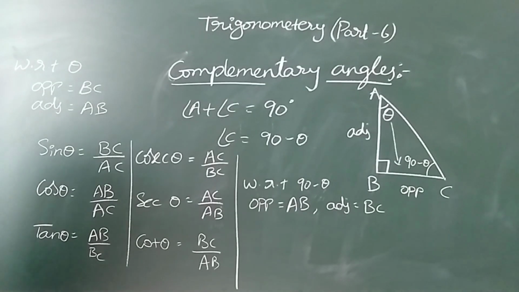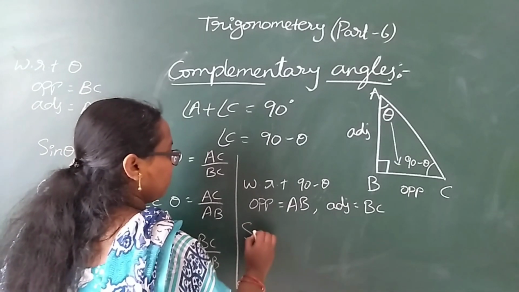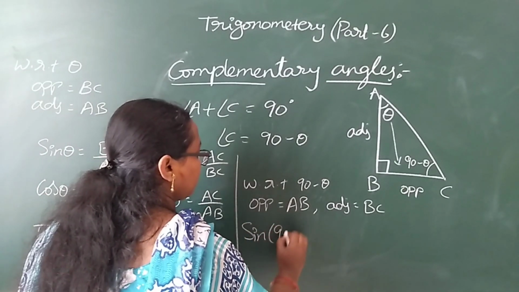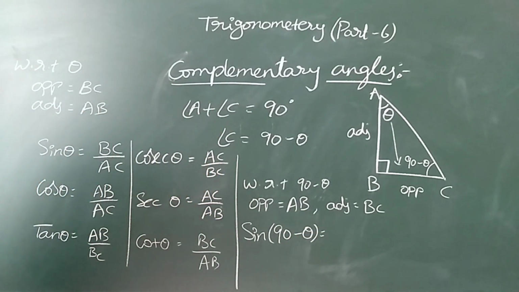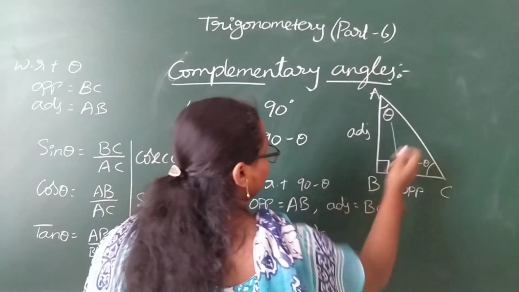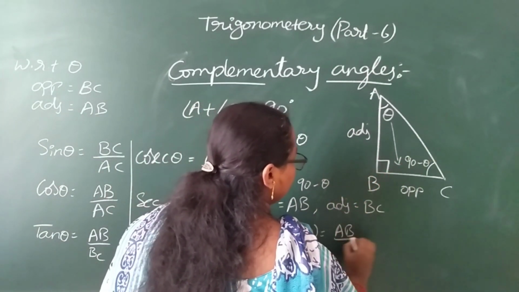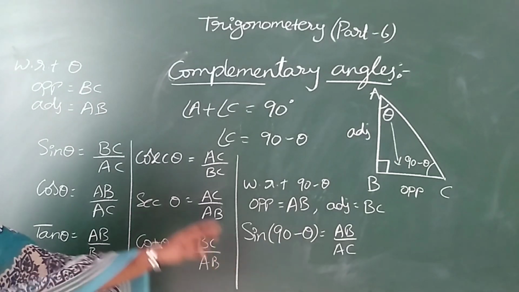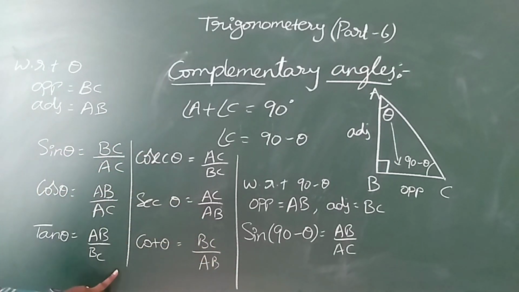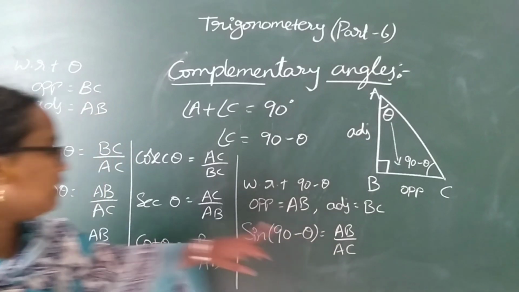Now I will show you two ratios. For 90 minus theta, opposite by hypotenuse is AB by AC. If you observe these six ratios, which value is equal to AB by AC?